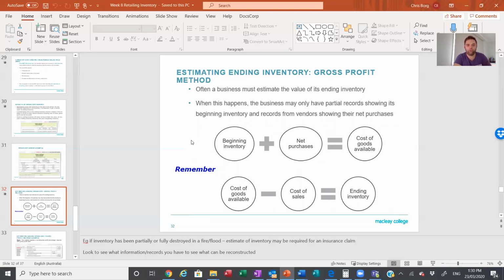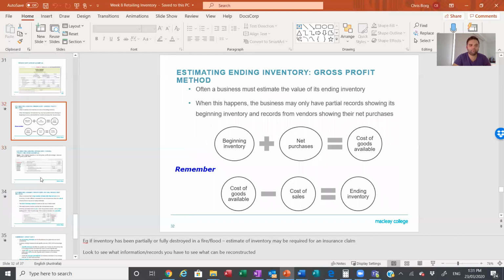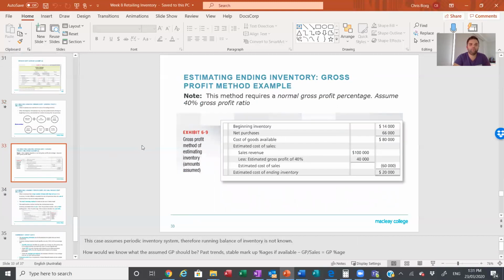So using the formula, you are actually able to estimate your ending inventory, which then again affects your whole formula. Obviously, the most ideal thing though is to make sure we're periodically recording our inventory, so we do not need to estimate our ending inventory.